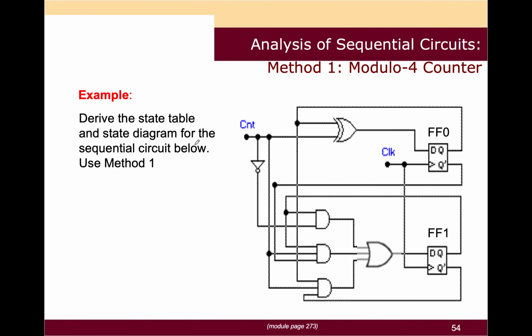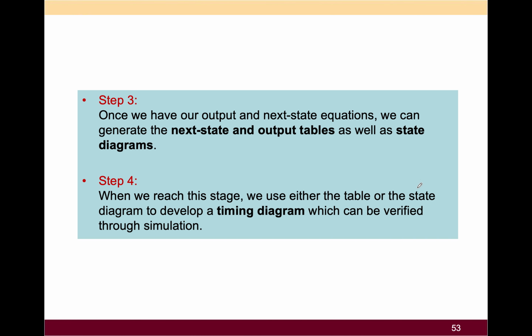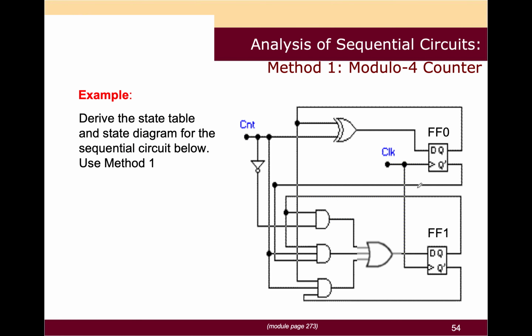The example: derive the state table and state diagram for the sequential circuit below. So you need to use method 1, which is under the modulo 4 counter.